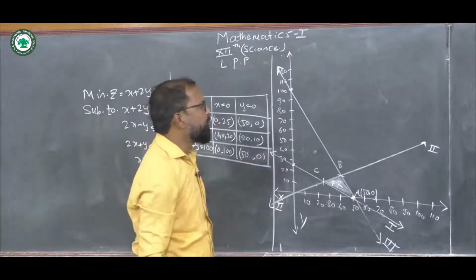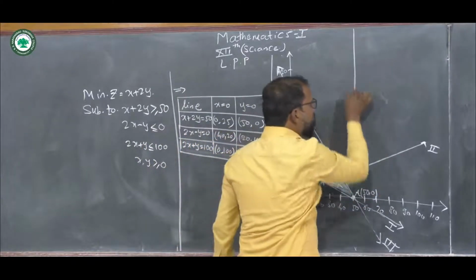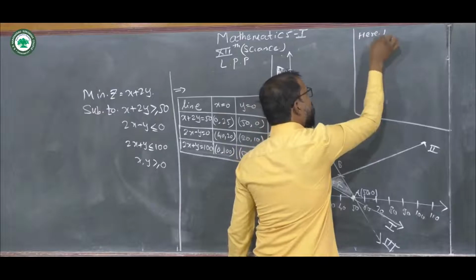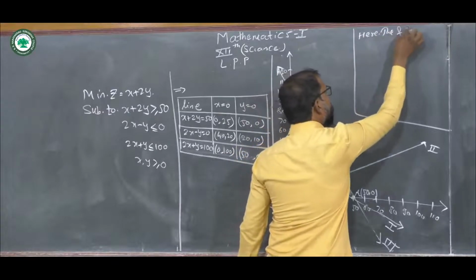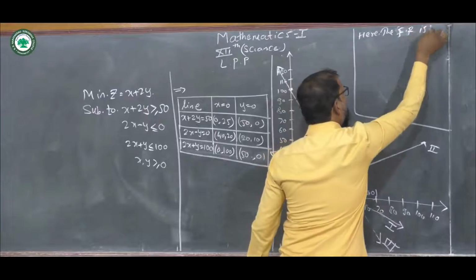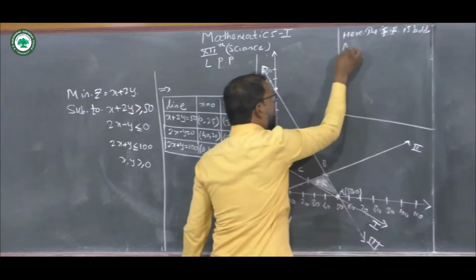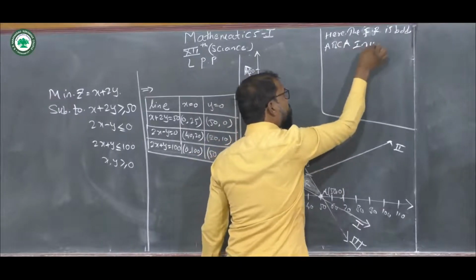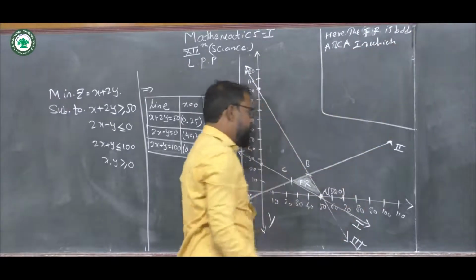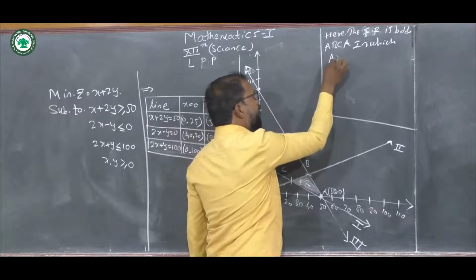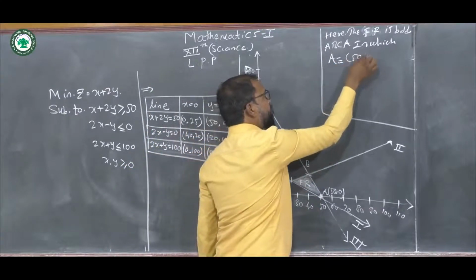Here the feasible region is bounded by A, B, C, A, in which we know the coordinates of point A, which is (50, 0).